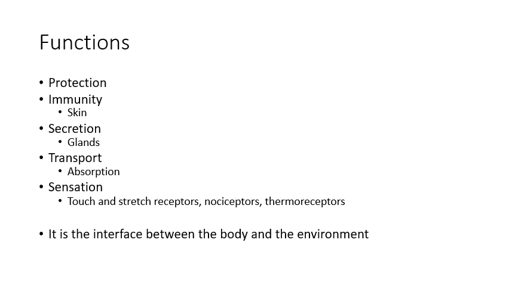So some of them function in protection. For instance, the skin has epithelial tissue lining it, of course, since it's covering the surface of your body. And one of its main roles is to protect your body from everything that's out there in the environment, and a lot of microbes.